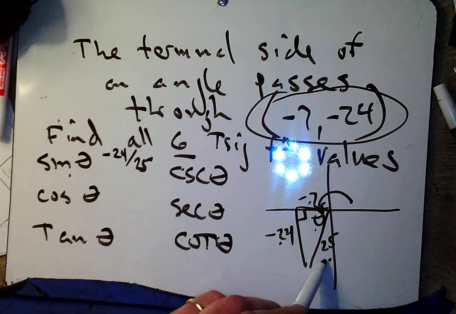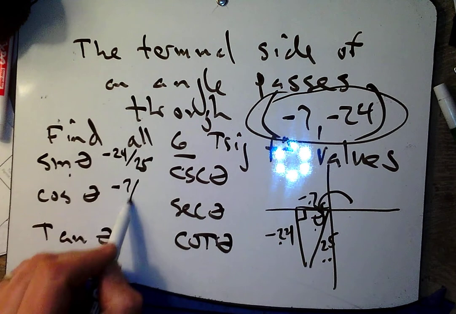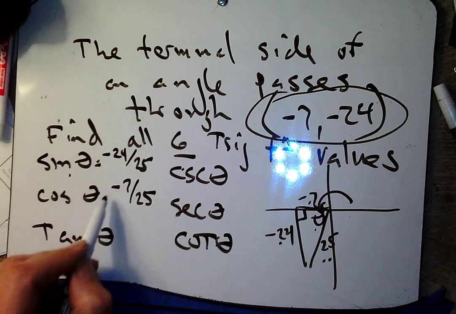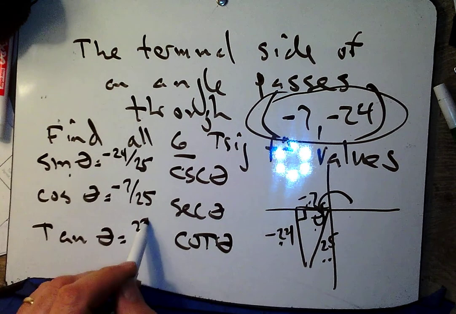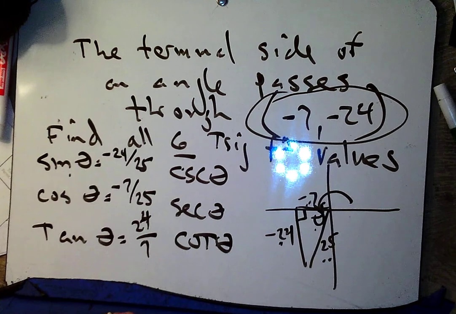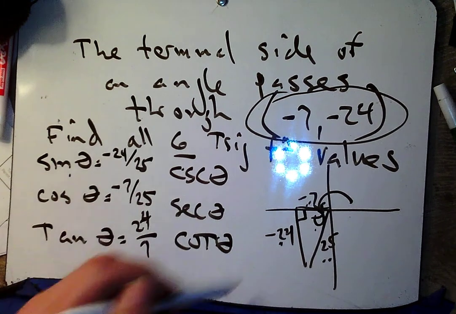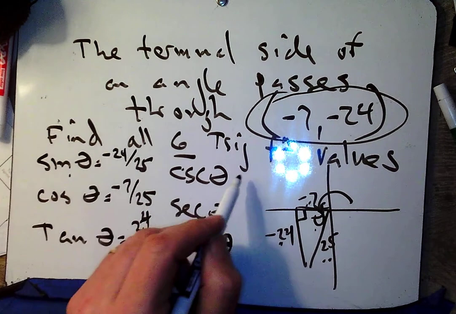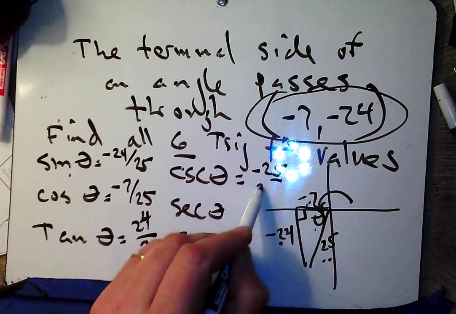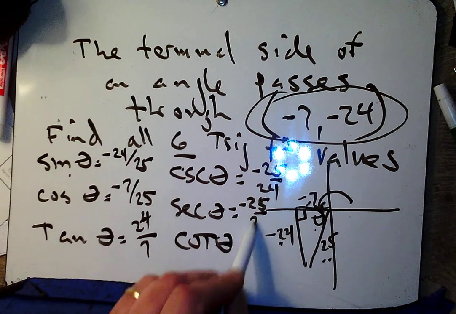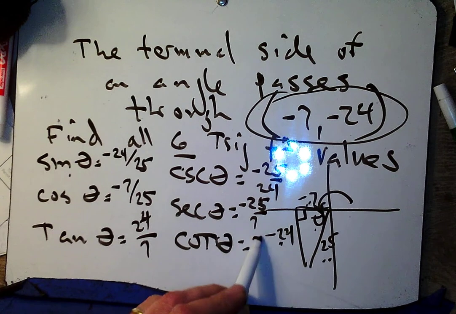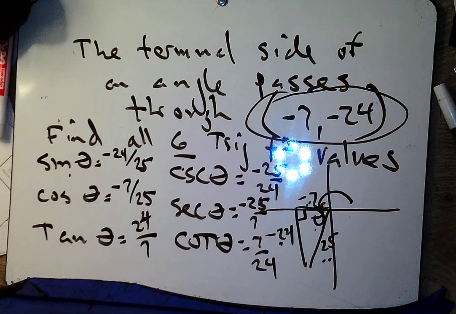Cosine adjacent over hypotenuse. Tangent opposite over adjacent. 24 over 7. Now, these other three, they're just the reciprocals. Negative 25 over 24, negative 25 over 7, and 7 over 24.